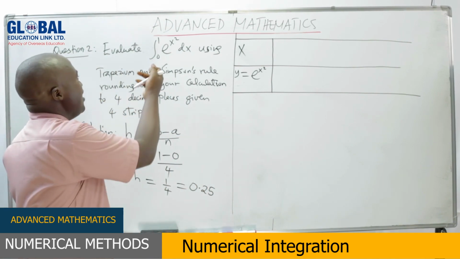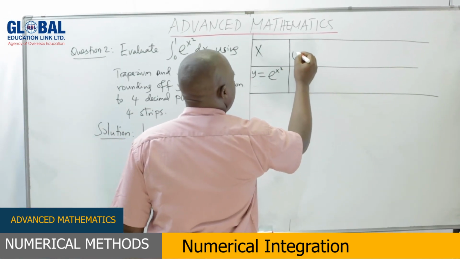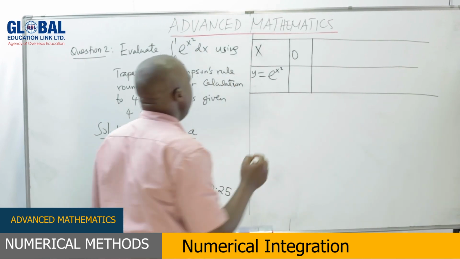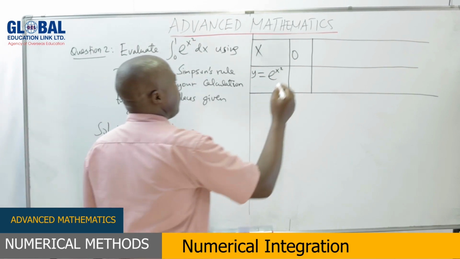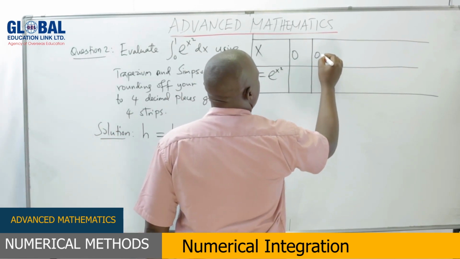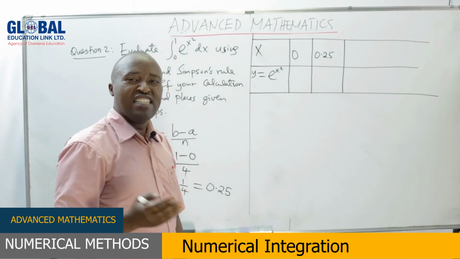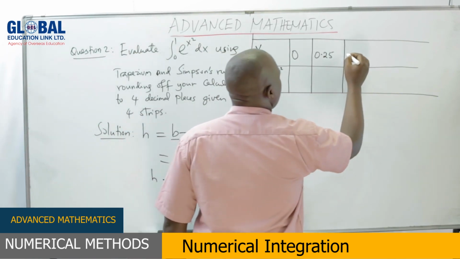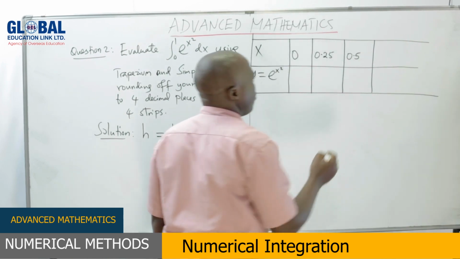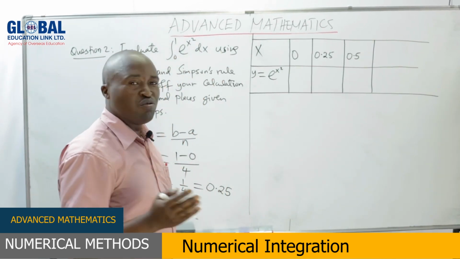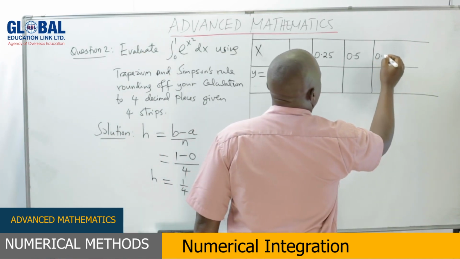We are starting with 0, that is the lower limit. The next is, we are using the interval of 0.25. So the next will be 0.25. That means we add 0.25 again, we are going to have 0.5. So 0.5 plus 0.25, because that is our interval, we are going to have 0.75.